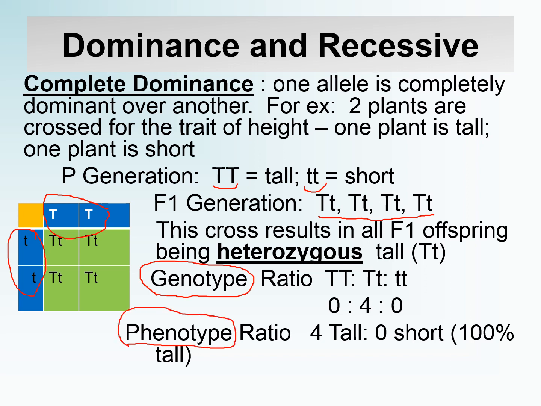But if I look at the genotypic ratio, I have no offspring plants that are going to have two big T's. I will have 4 that will have big T, little t, and none that will have two small t's. And they're all going to appear to me as being tall. So we could say they are 100% tall, or if we're looking at a ratio, we would say 4 tall to none that are short.